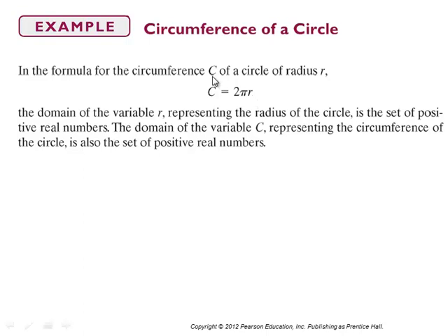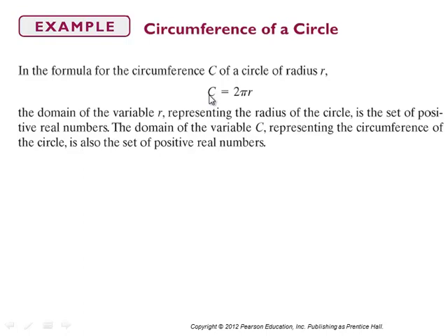So r could be anything. Typically, though, r is going to be a positive number. Doesn't really make sense to have a negative radius, huh? So we could talk about the domain being greater than 0.